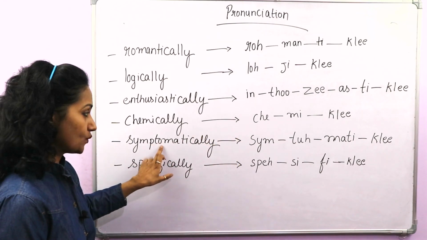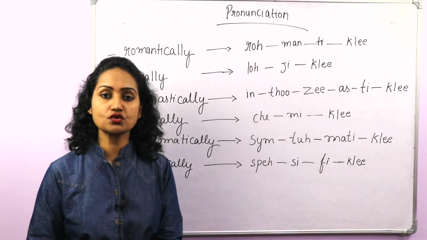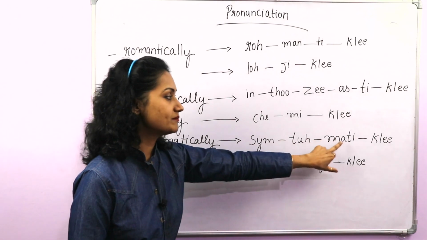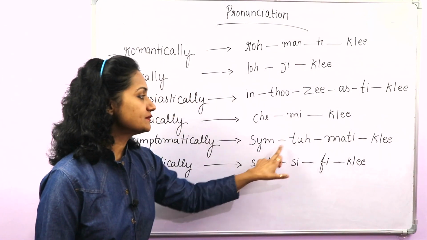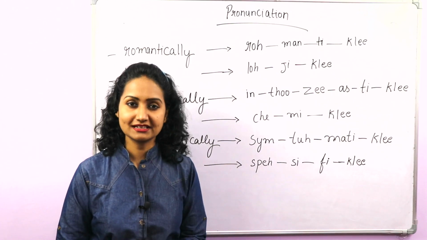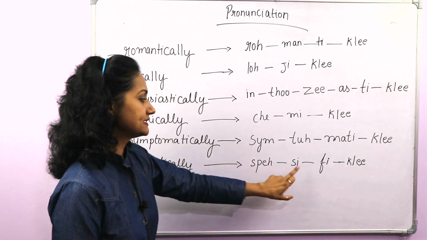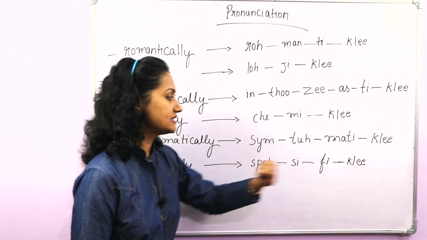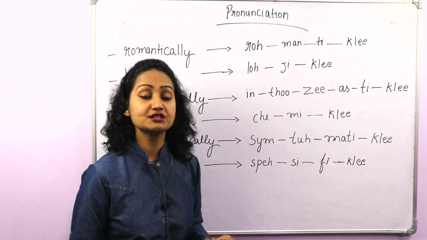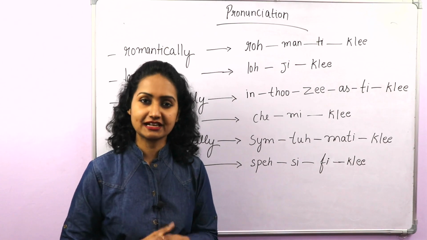So T-O, if you see here, T-O is generally to, but here it's not to, it's T. Symptomatically. Okay. Now next is specifically. So this is the word. Now specifically, specifically.